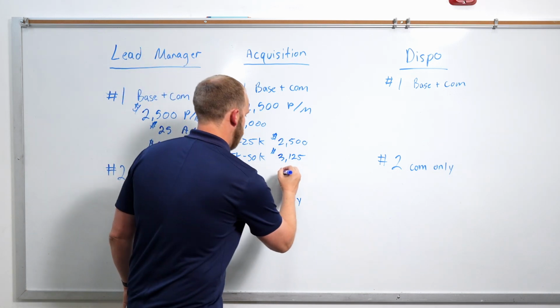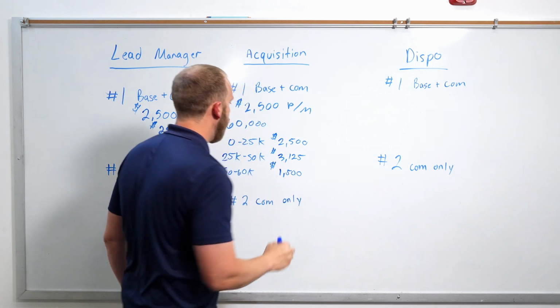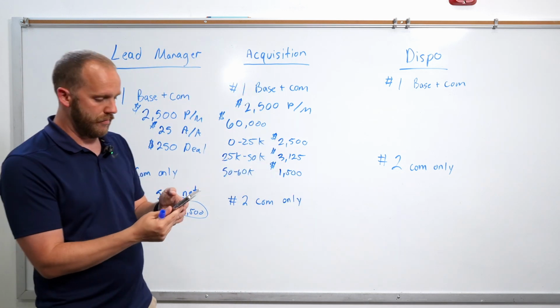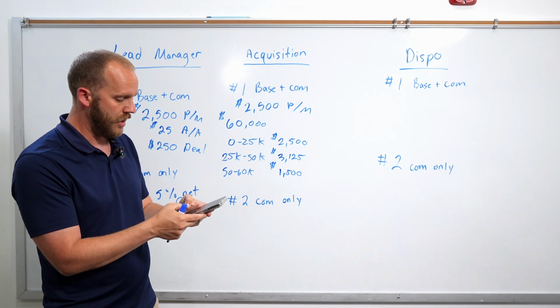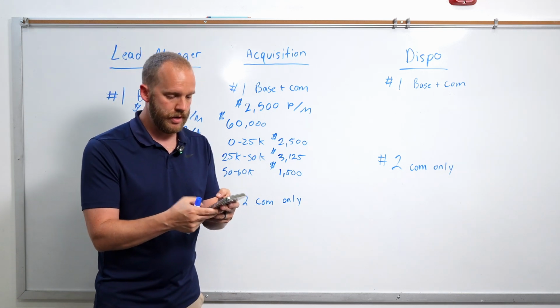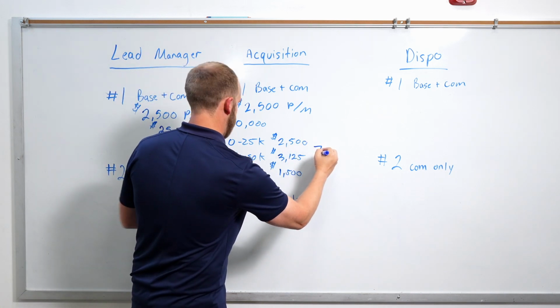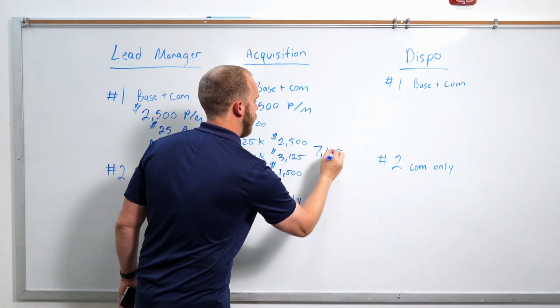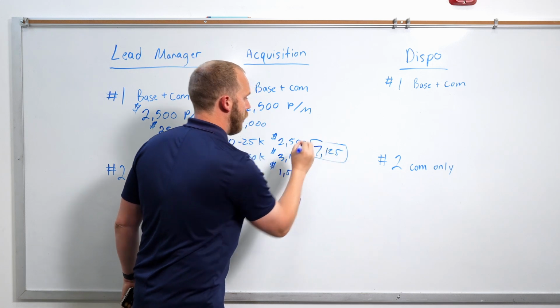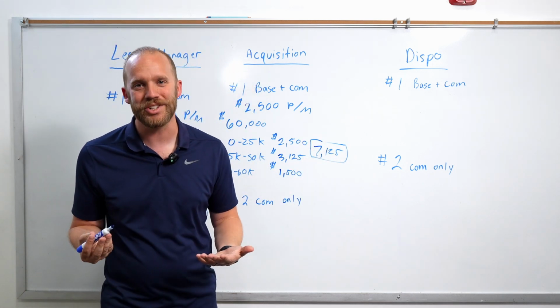That comes out to $1,500. Okay? So let's add all that up. We got $1,500 plus $3,125 plus $2,500 comes out to be a $7,125 commission.